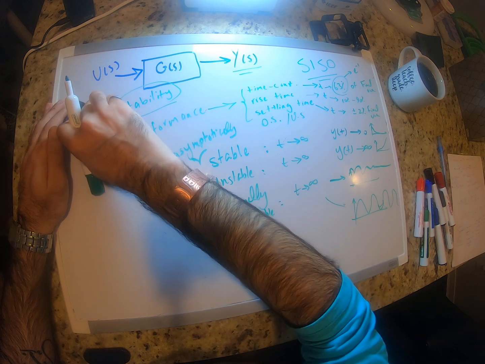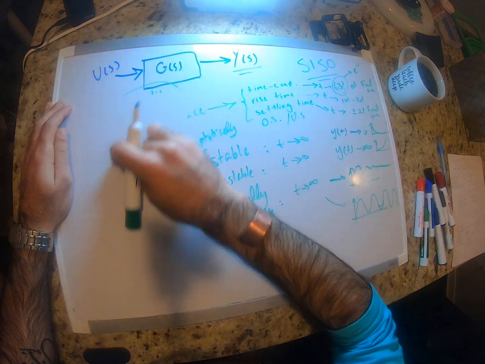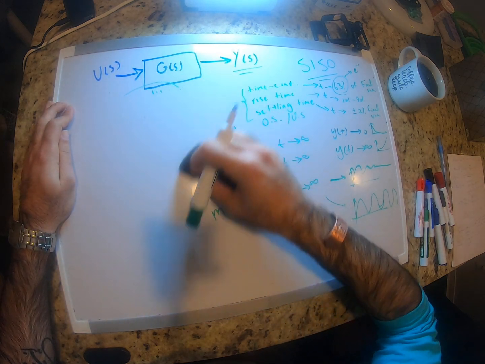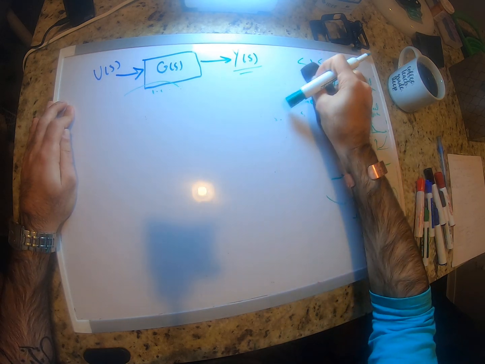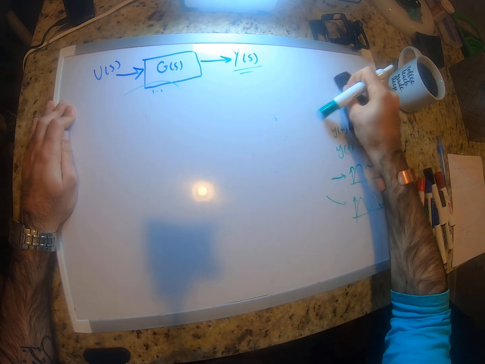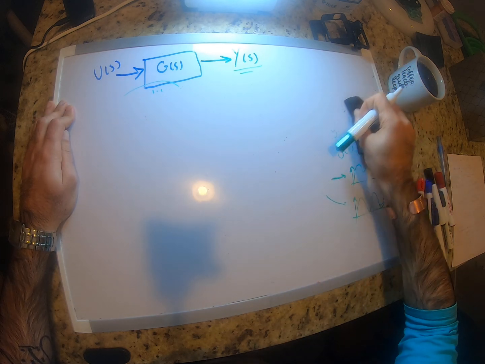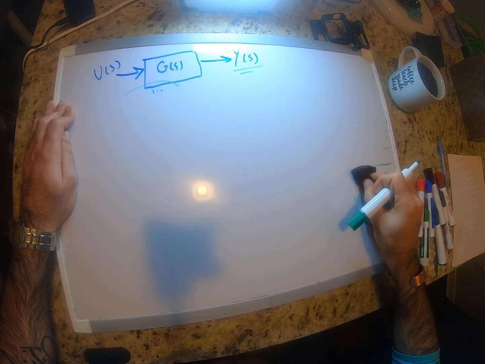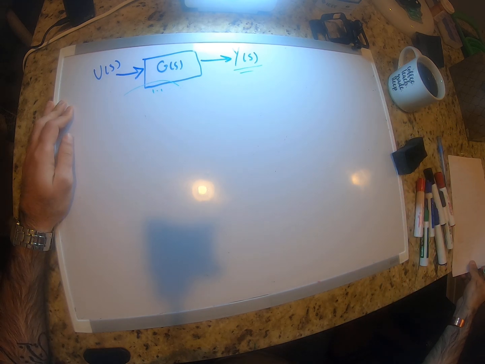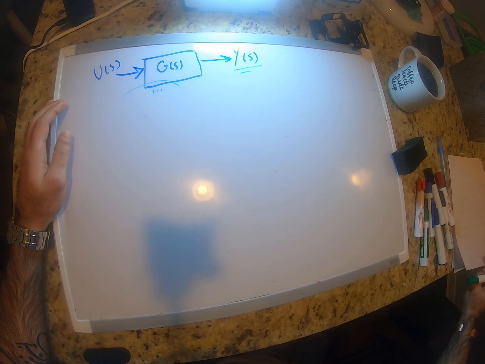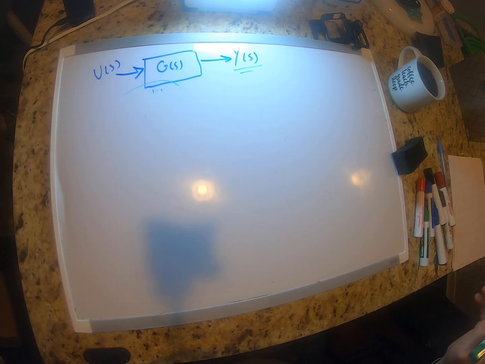Now, we want to see how the stability is related to poles of the transfer function, right? How the poles of the transfer function can give us some information about the stability of the system.